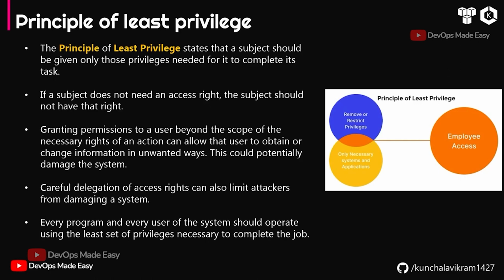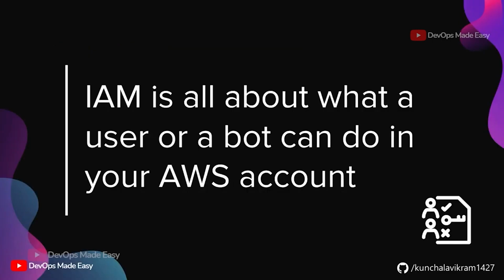And every program and every user of the system should operate using the least set of privileges necessary to complete the job. So in our case, let's say a user has to create EKS clusters, then I can just give him EKS full access. Other than that, that user doesn't need anything. So this is the least privilege.